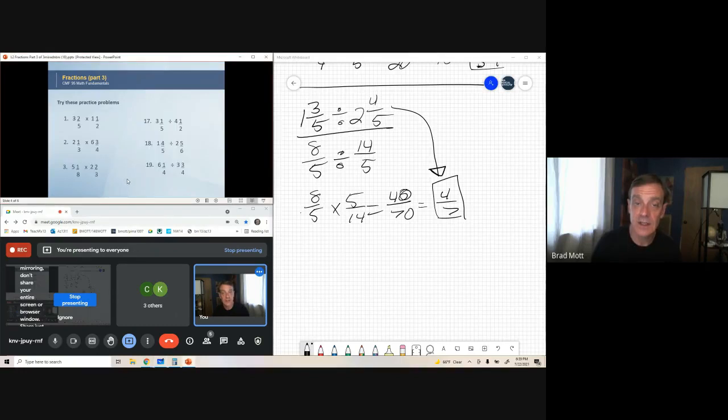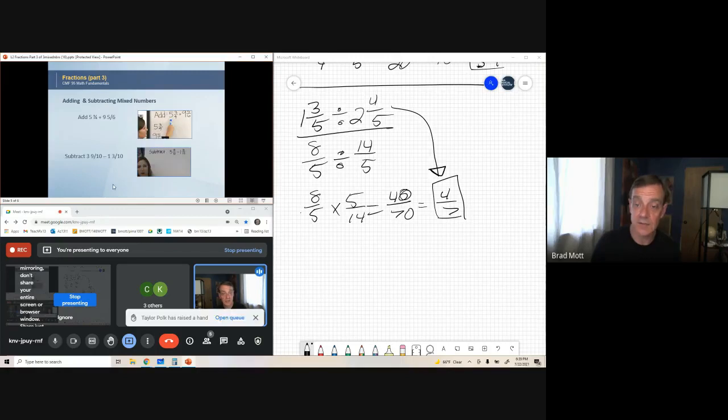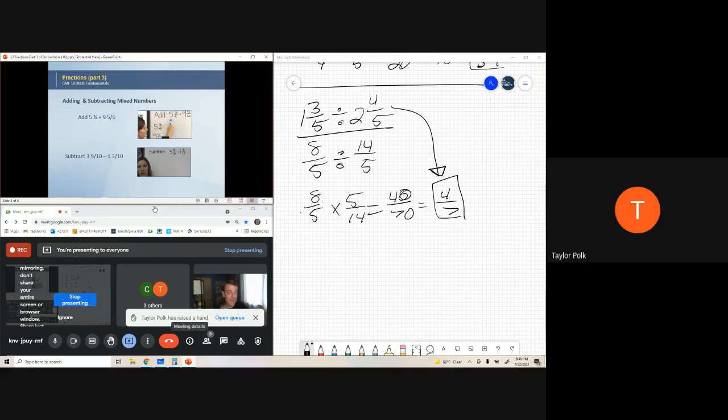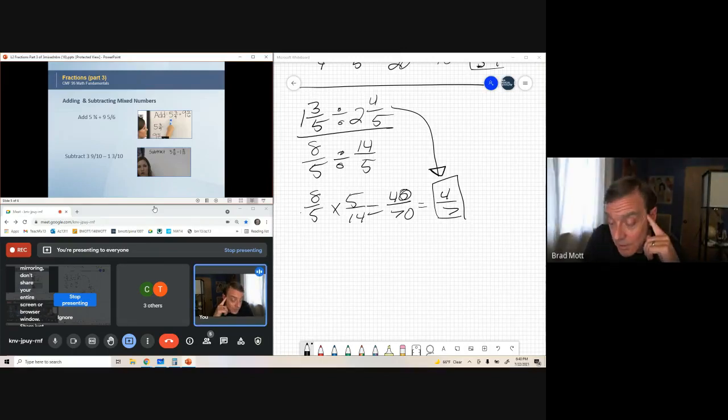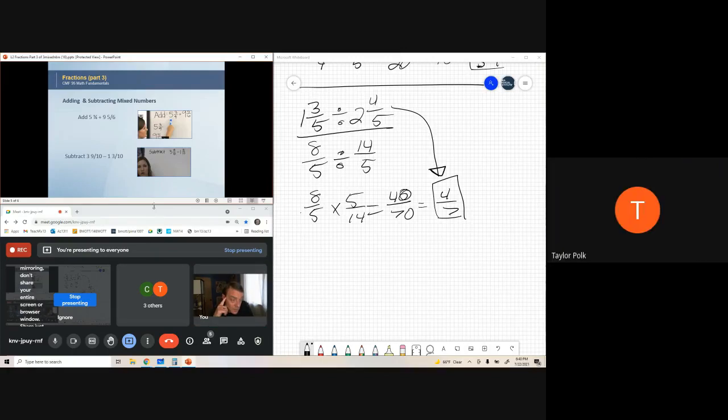Okay. And that, in a nutshell, is everything you need to know. Yes, Taylor? Just to make sure I have that understood. So we flip both fractions when we begin to multiply, or just the second? So the 14/5, that's the only fraction that flips, right?